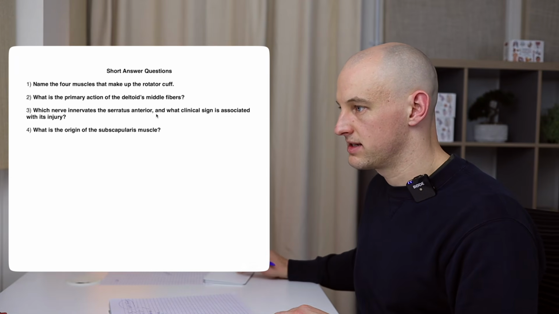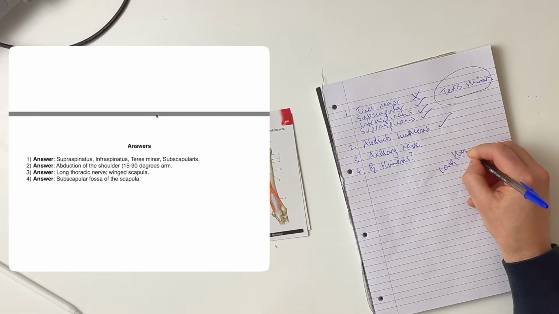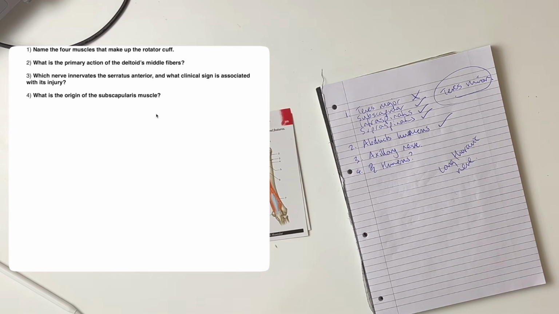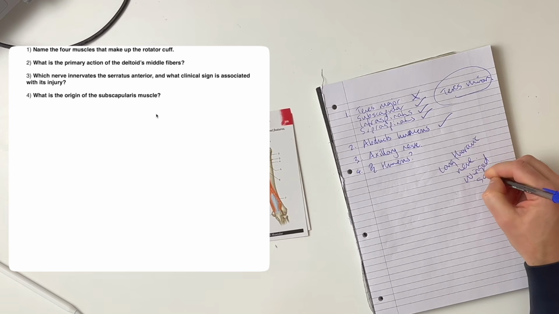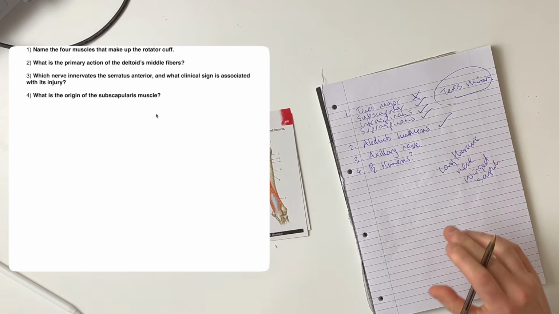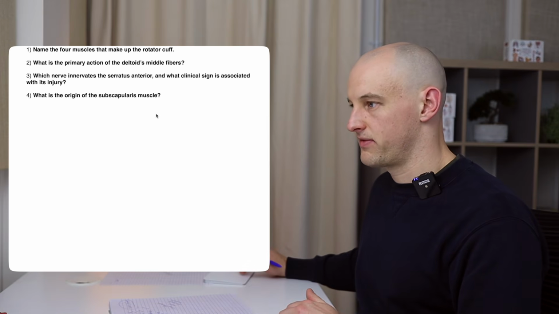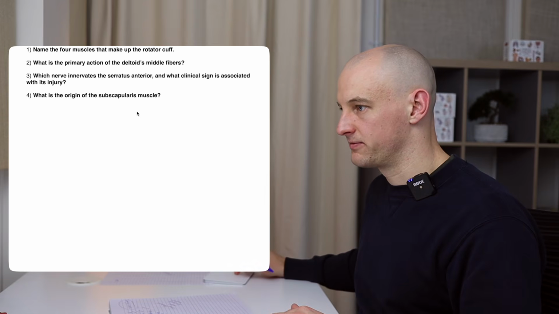Okay, so the serratus anterior is from the long thoracic nerve. And it causes a winged scapula. I need to remember, winged scapula. So the serratus anterior, there's a long thoracic nerve. And if the serratus is weak, the scapula wings out.